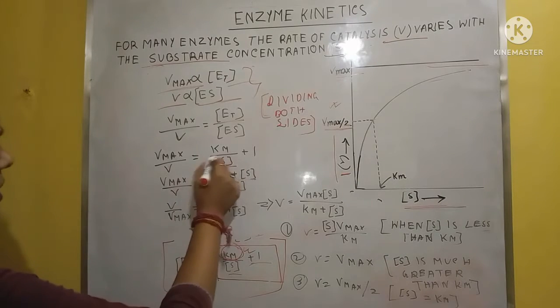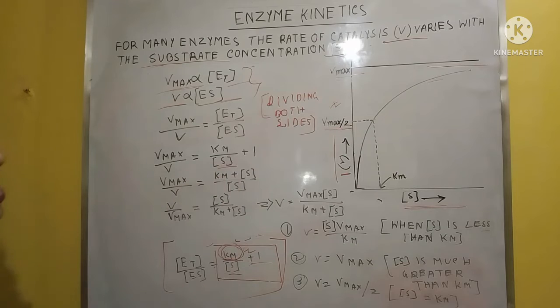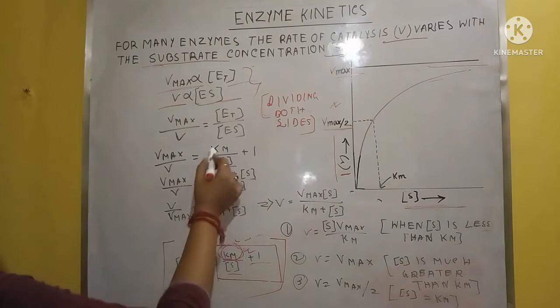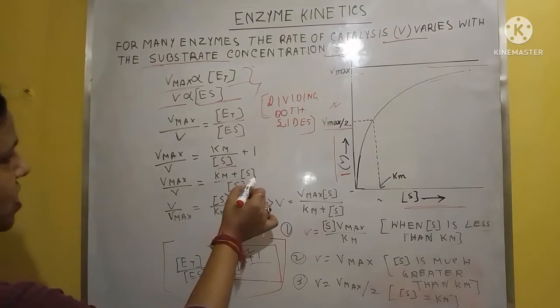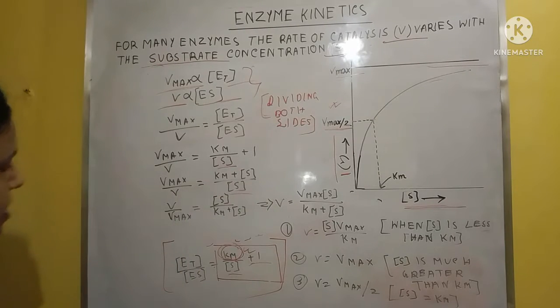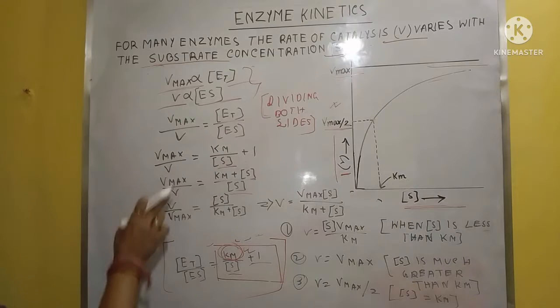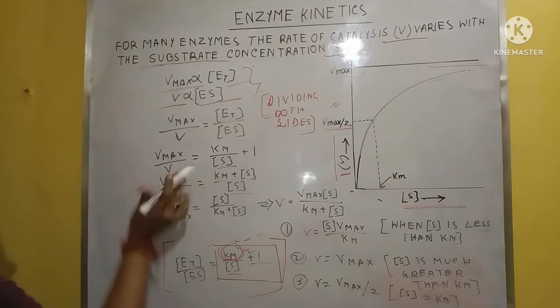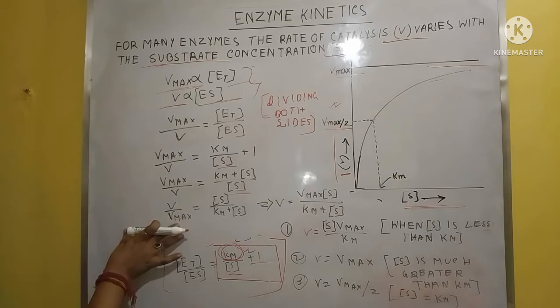Now, after dividing, or calculating with the LCM process, you can see Km plus substrate concentration by S. Reversing the Vmax and V, I write V in the upper side and Vmax in the lower side.